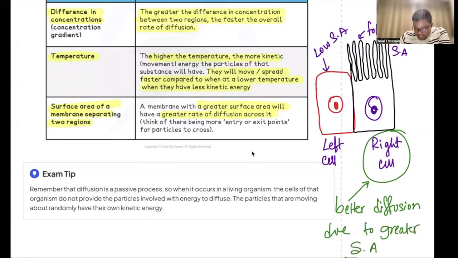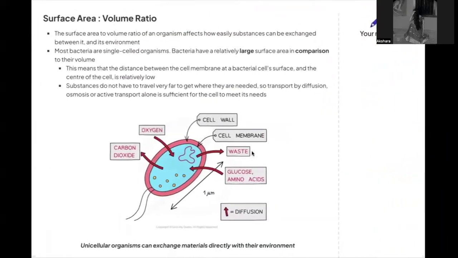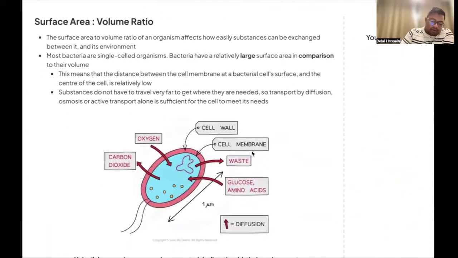surface area. Our body actually capitalizes on this surface area thing, and it does it in our small intestine. But before we get to that, we can start talking about the surface area to volume ratio. Remember, the greater the surface area, the better it is for absorption of substances that have to diffuse through the cell membrane.